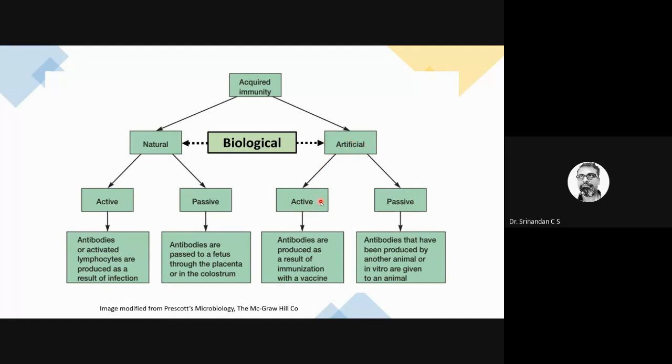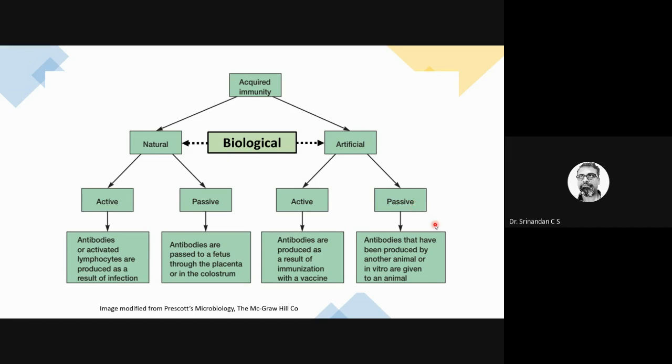Active immunity is, for example, the vaccination we are having now. The vaccine induces the production of antibodies, and when the real virus comes attacking, the antibodies will fight against it. So you are already training your immune system to produce soldiers against the pathogen. Then passive is there also.